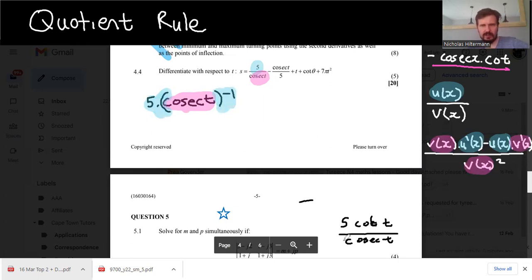So the derivative of cosec is minus cosec cot t, times, okay, now the derivative of this is -1 times 5 is -5.